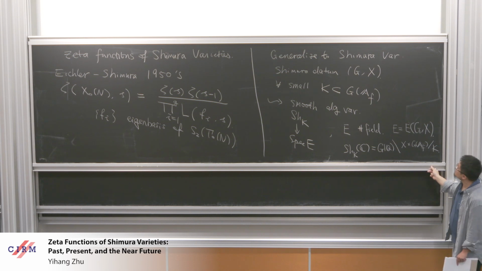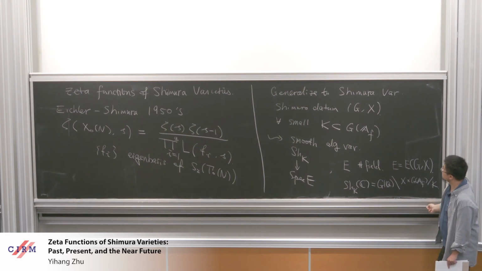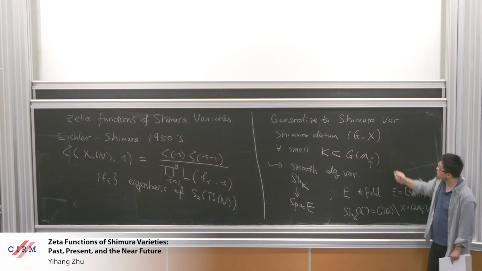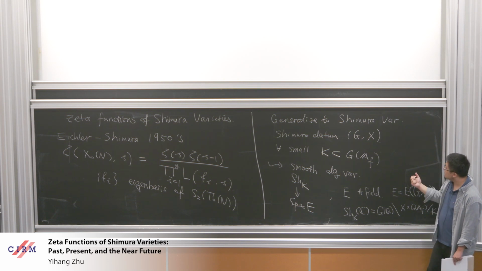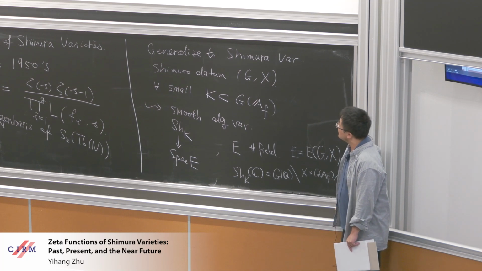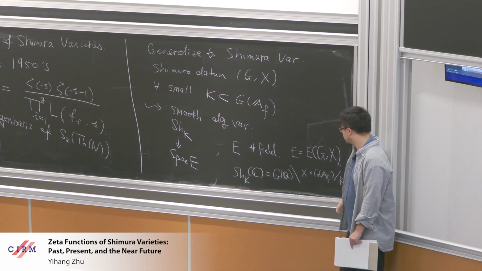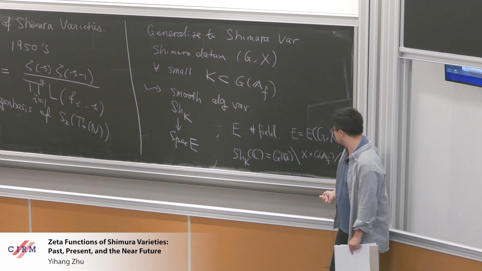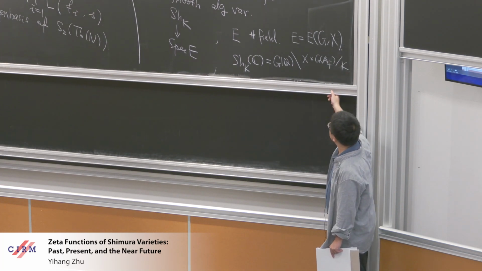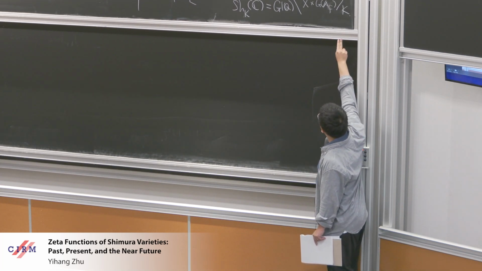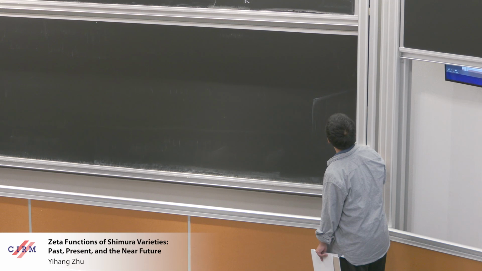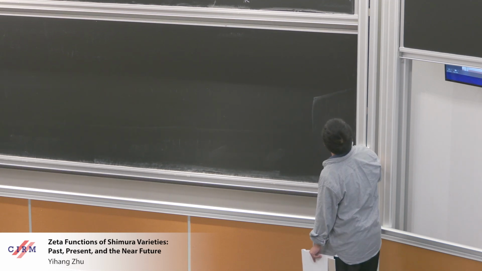Let me just briefly say in words, this X is a G(R)-conjugacy class of homomorphisms from the Deligne torus into G over R, satisfying some axioms. So in particular, this X itself is a disjoint union of finitely many Hermitian symmetric domains.